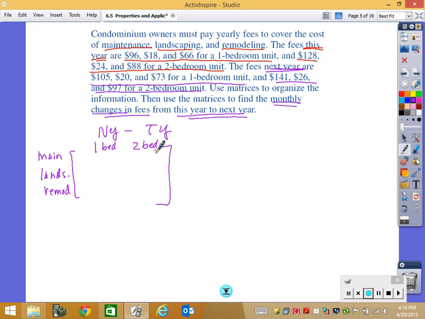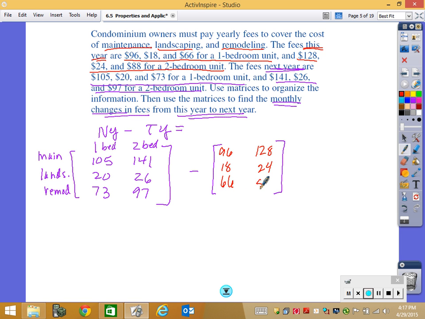So next year, 105, 20, and 73. For the 2-bedroom, 141, 26, and 97. And I'm going to subtract the same one, only for this year. So the 1-bedroom was 96, 18, and 66. 2-bedroom, 128, 24, and 88.